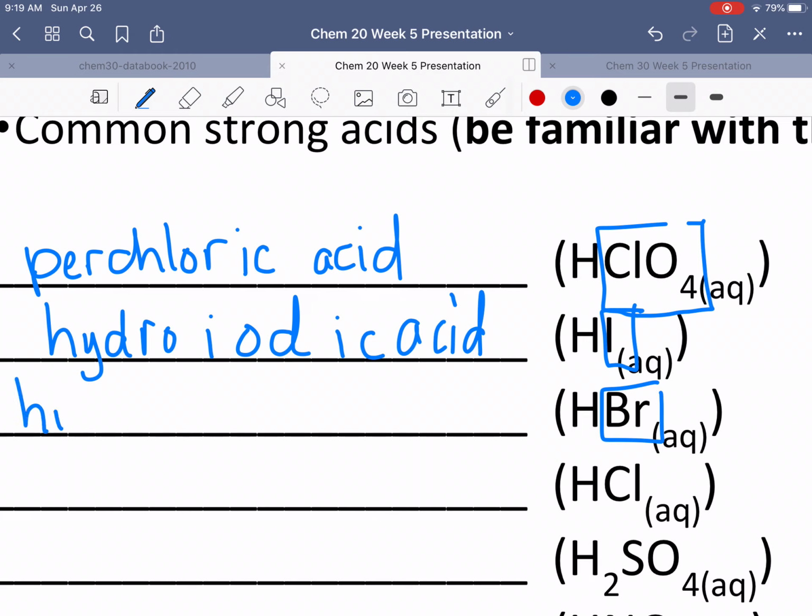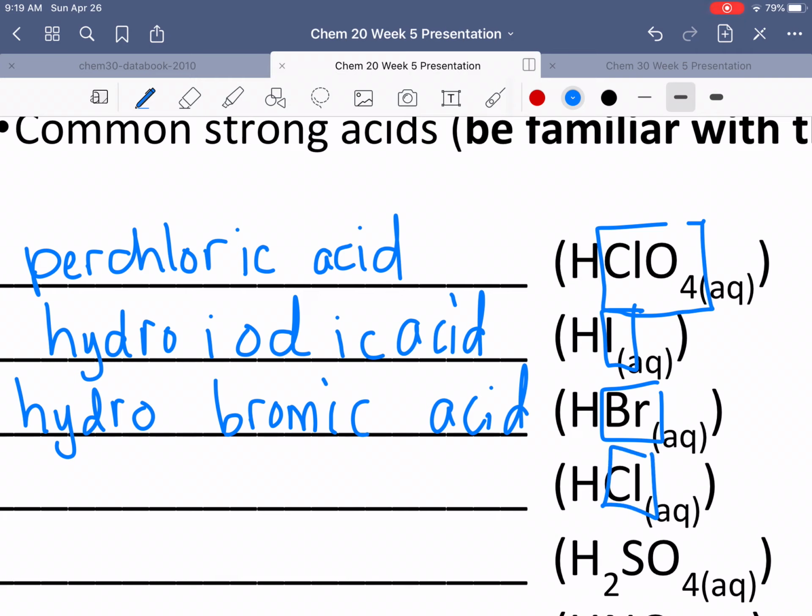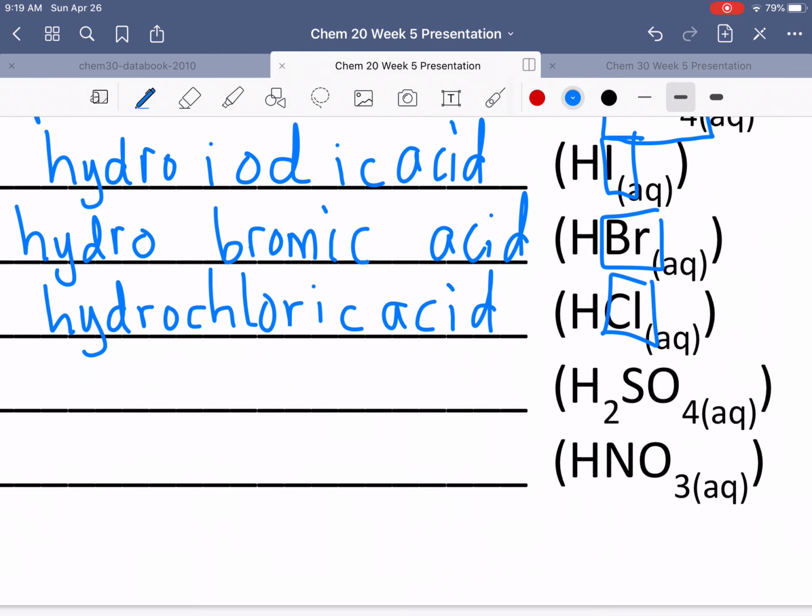So we're going to go hydro, and then it'll be ic acid. What goes in front of the ic? The brome. Hydrobromic acid. Okay? This one's familiar. This is the acid that comes up over and over again. Hydrochloric acid. Okay?